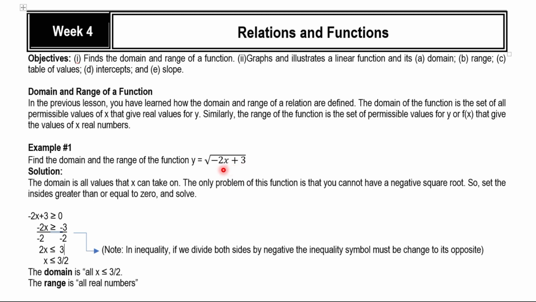And to find the domain, again, let us bear in mind that if we say domain, that is all the values of x. So what are the possible values of x in this function that will give a real value for y? Here's the solution.